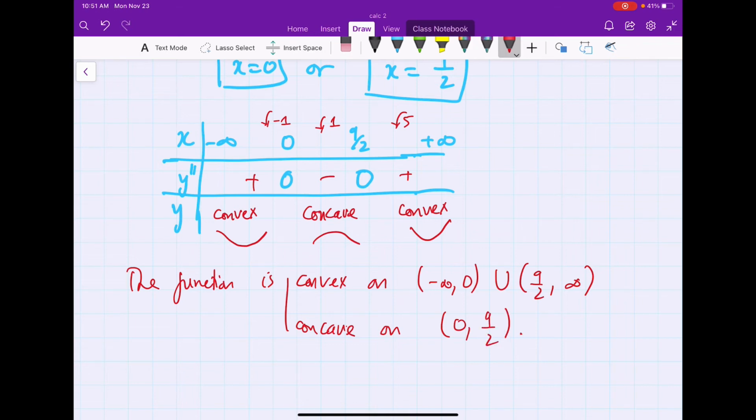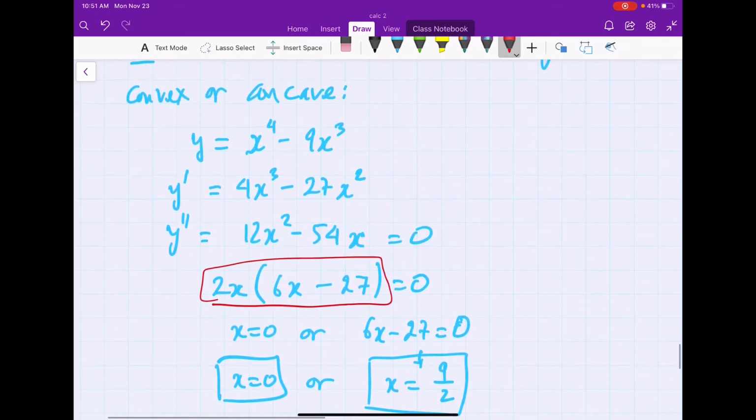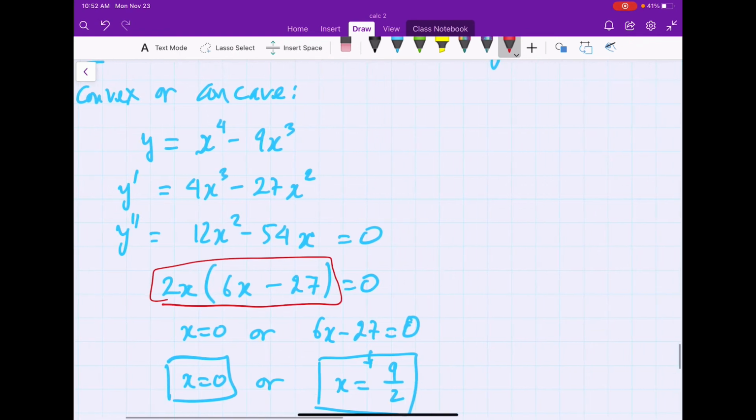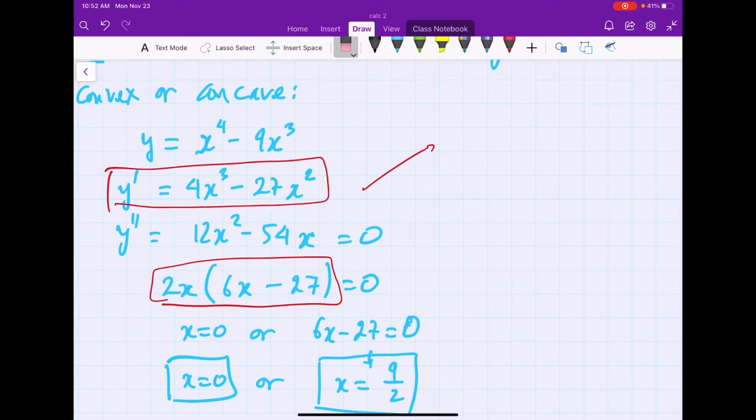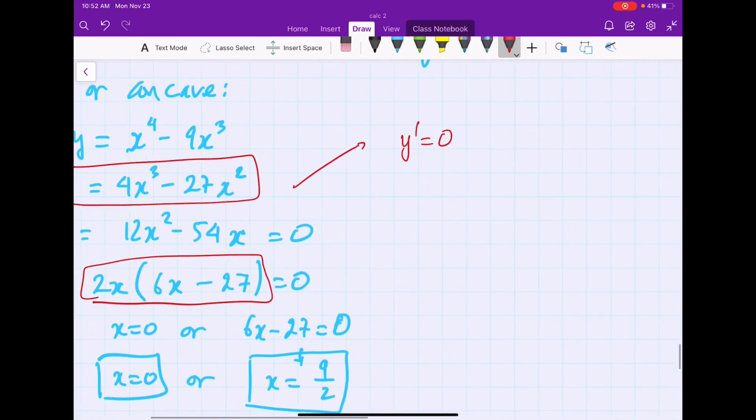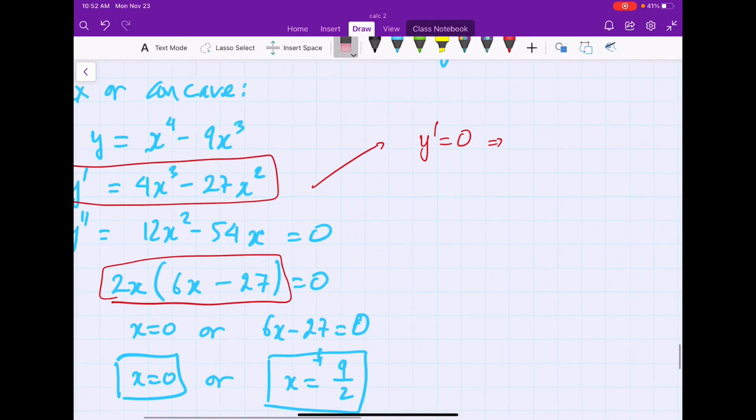Okay. In case they ask you to apply the second derivative test to find extrema, you might start from this, right? You need to find all critical points. So you set y prime equal to 0. From here you get 4x cubed minus 27x squared equal to 0.